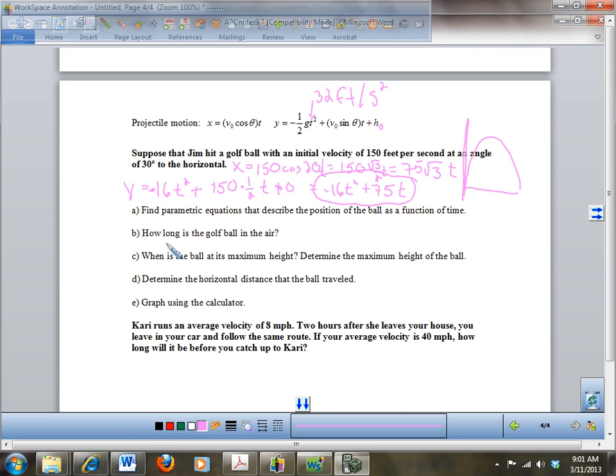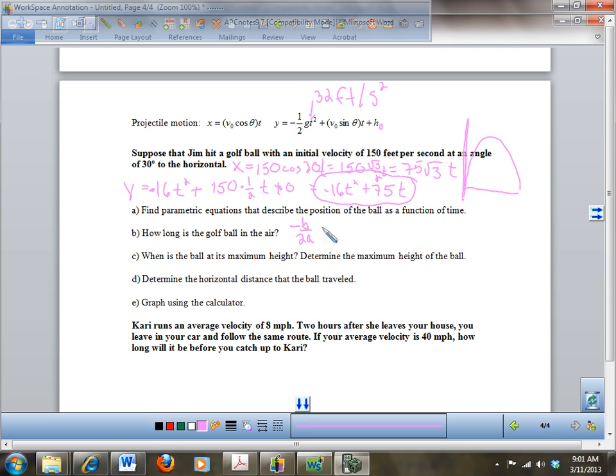Okay. So then, how long is a golf ball in the air? This in itself makes a parabola, and you can find the vertex of that parabola by going negative b over 2a.